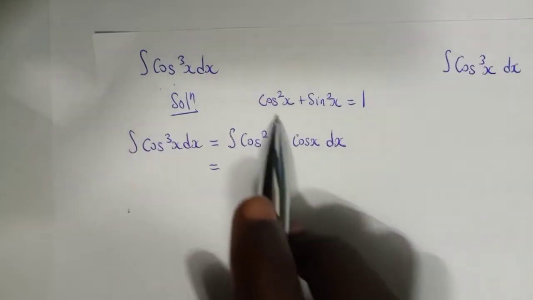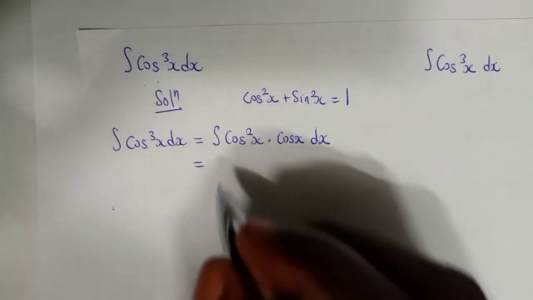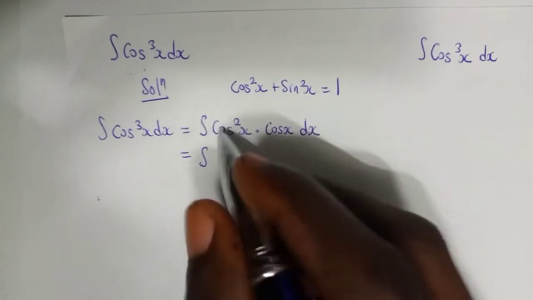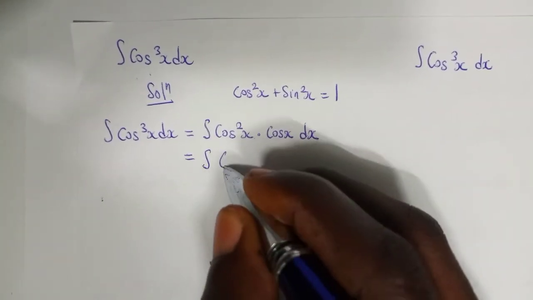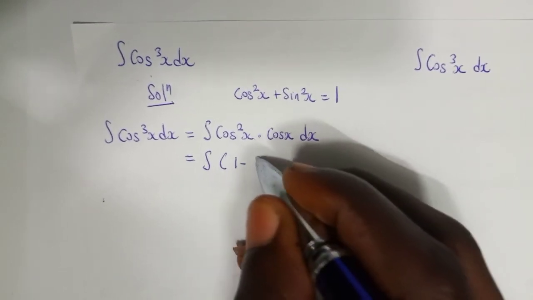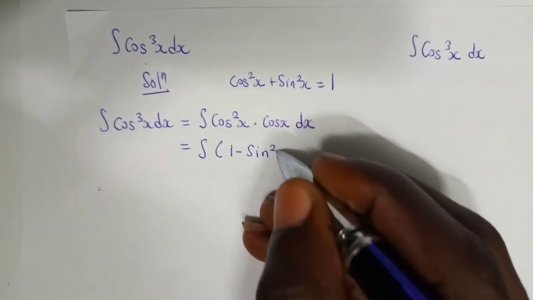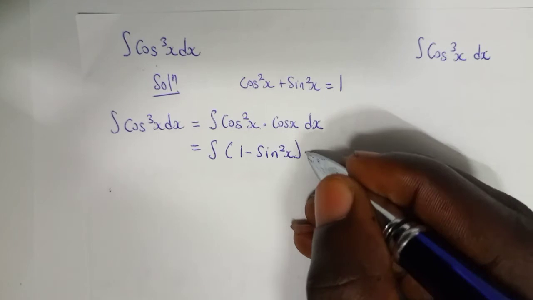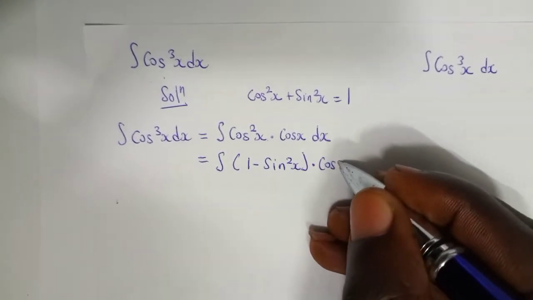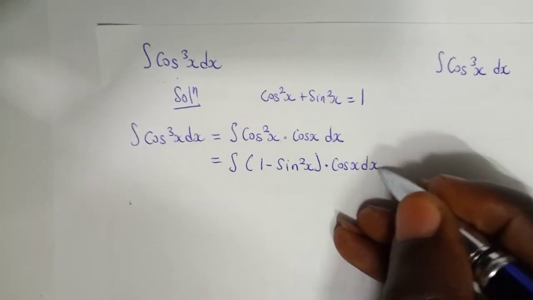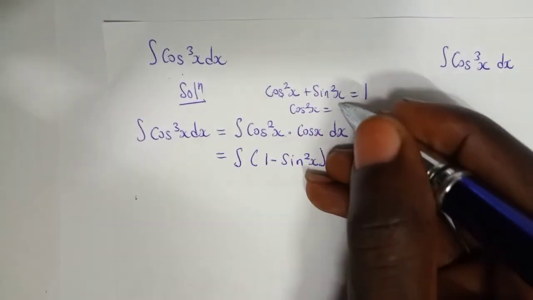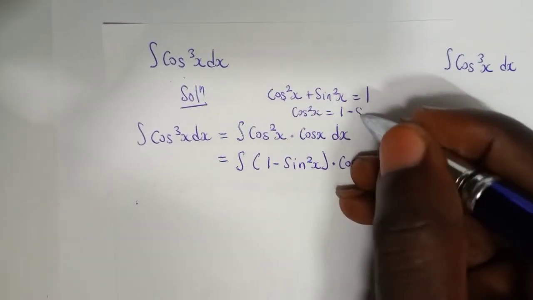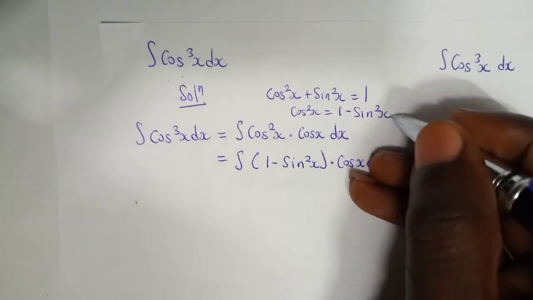So making cos square x the subject, in place of cos square x we are going to get 1 minus sine square x, multiplying cos x dx.